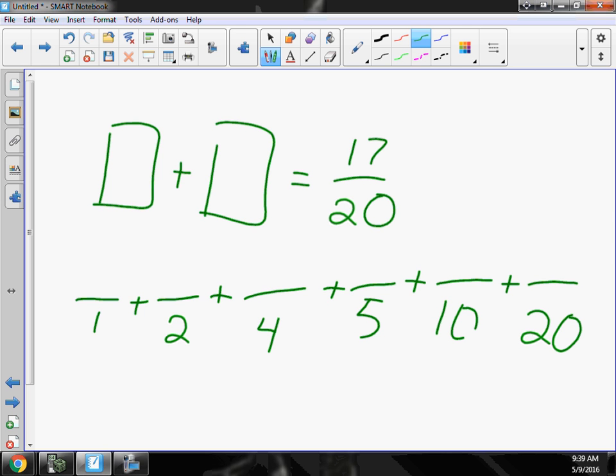Those are all of the partial fractions. Now, if I told you which fractions I actually used, you know, if I said we used the 2 and the 5, well, let's just say the 4 and the 5. We used the 4 and the 5. Could you tell me what the original two fractions were? So if I use this one and that one, it's really easy to figure out what those numbers were. That's what we're going to be doing, only I'm not going to tell you which ones we used. You're going to have to figure it out.